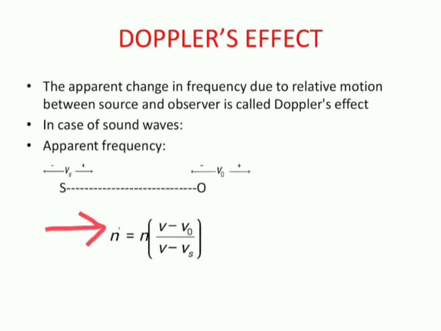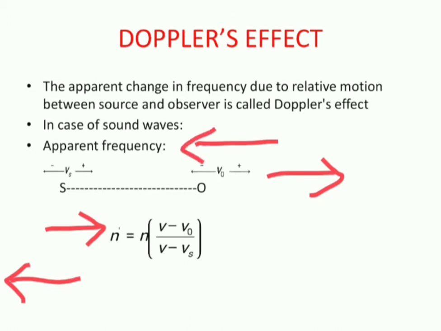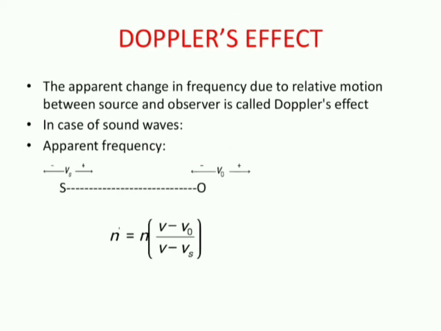If the source moves towards the observer, it is positive. If the source moves away from the observer, the sign convention is negative. Similarly, if the observer moves away from the source, V0 is positive, and if it is moving towards the source, V0 is negative.